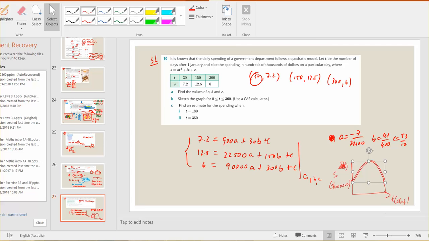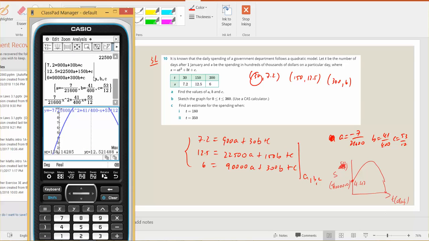This is how you approach questions like part C. You're estimating spending when t equals 180 and t equals 350, using the graph, or you can even sub it into the original equation. Given that x equals 180, it will give you an answer. For a decimal answer, you can do that. So hopefully that helps give you an idea of how to use the CAS calculator for a question like this.